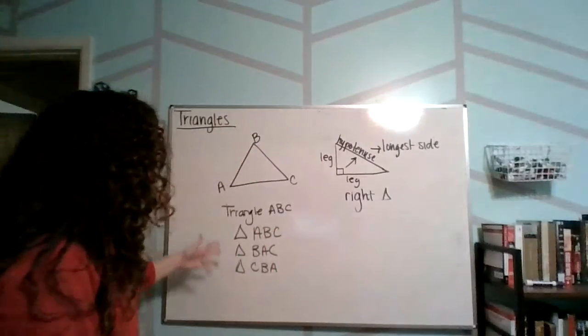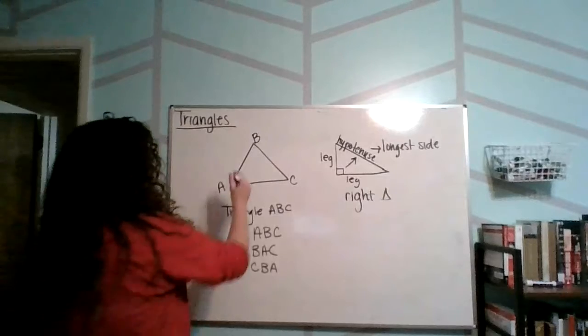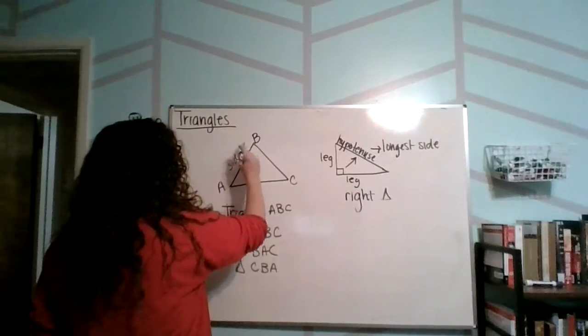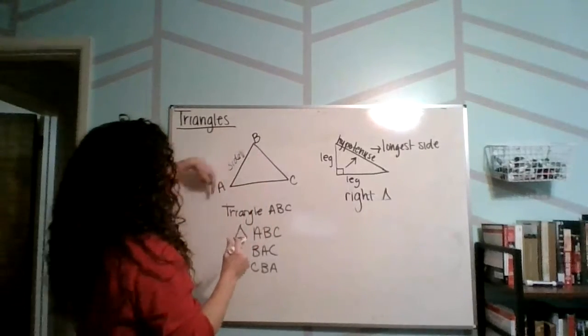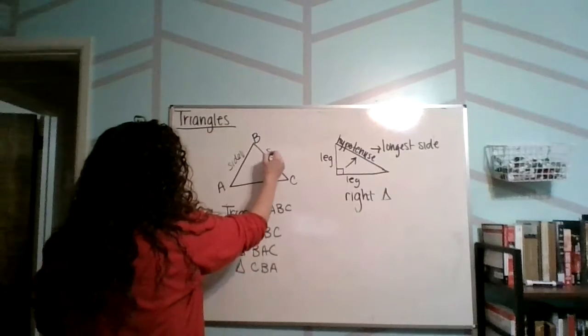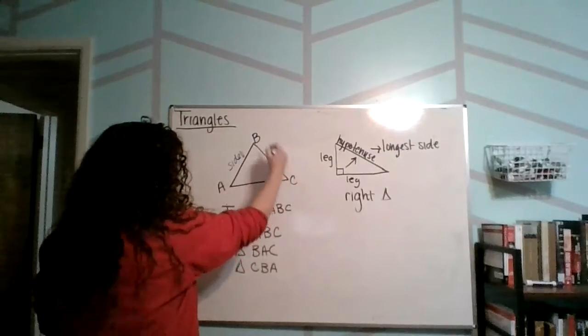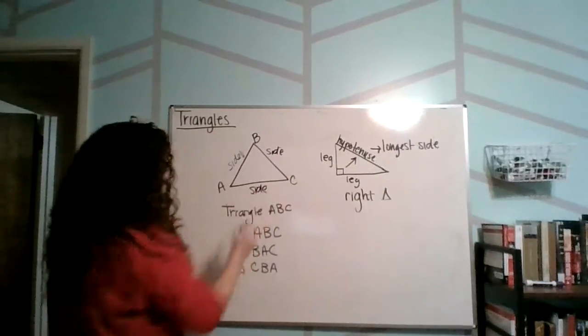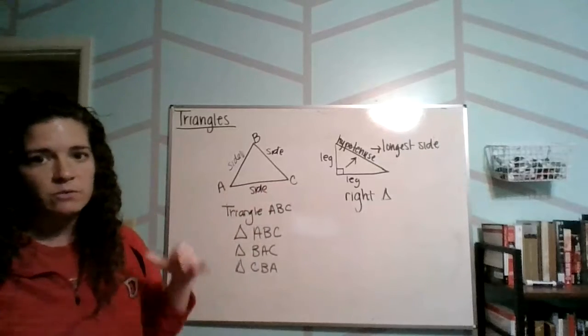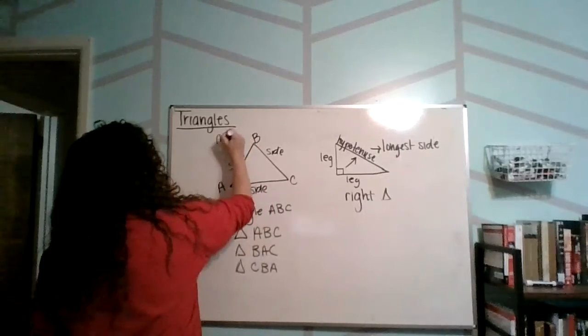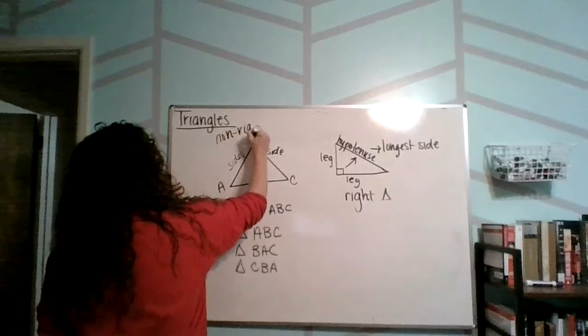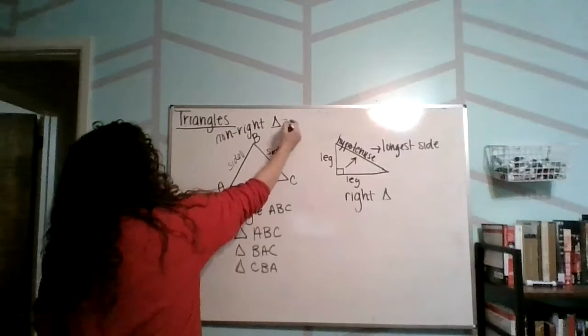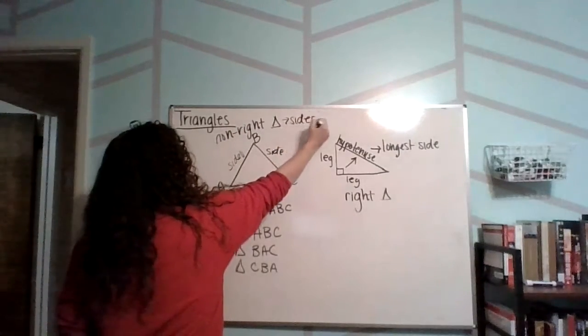Then also know that in a triangle like this, this is just side AB, this is just side BC, and this is just side AC. It's a non-right triangle, so they have sides.